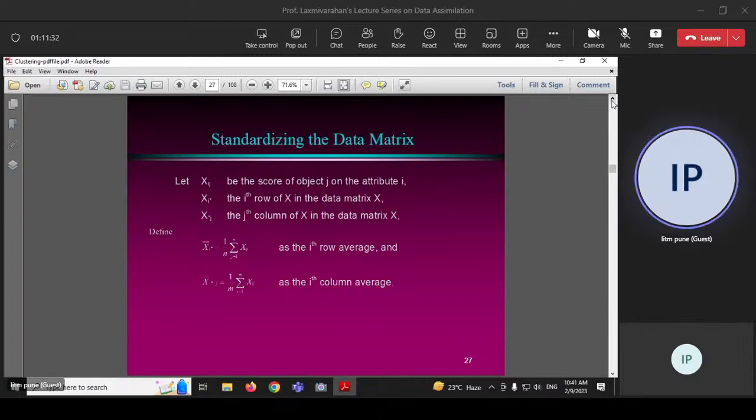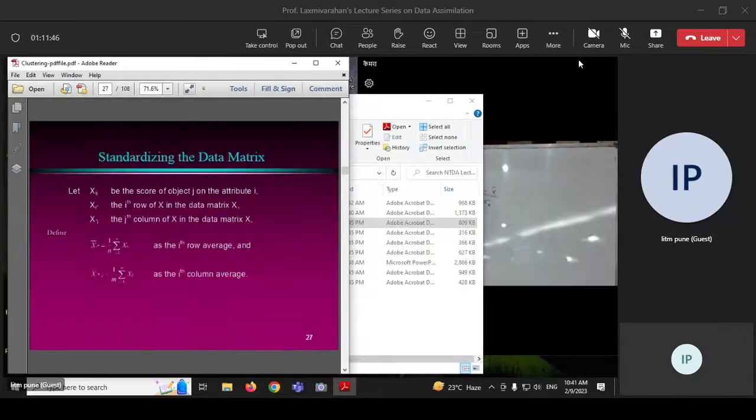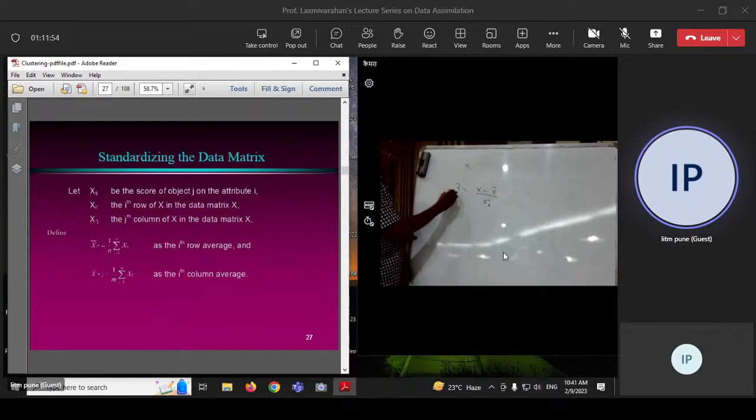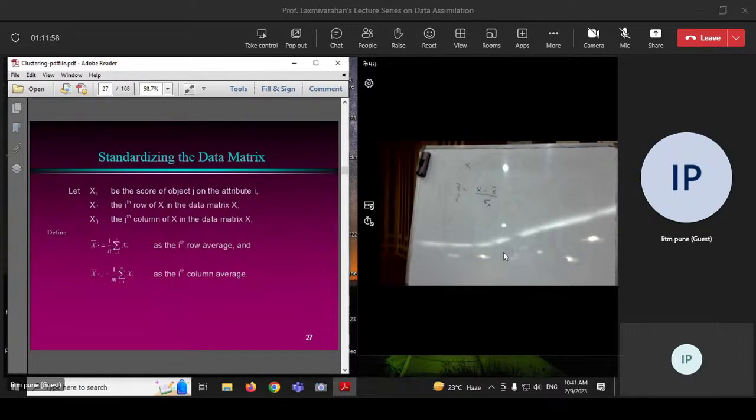If I have a random variable X, Z is equal to X minus X bar divided by sigma X. X bar is the mean of X. Sigma is the standard deviation of X. So whatever be the range of X, the range of Z is always in between 0 and 1. That's one way of transforming.